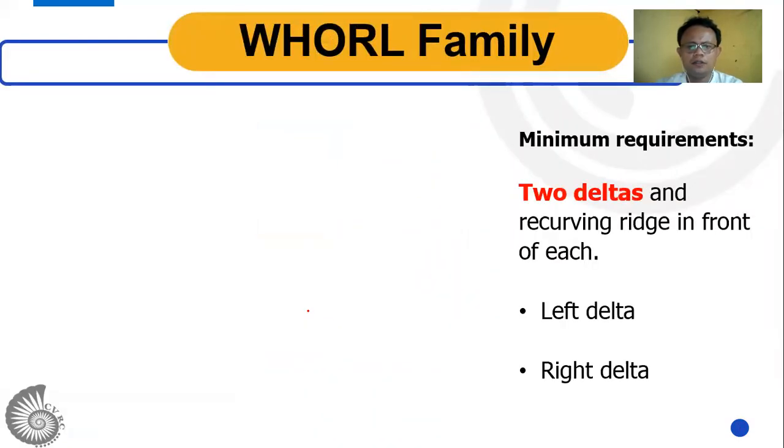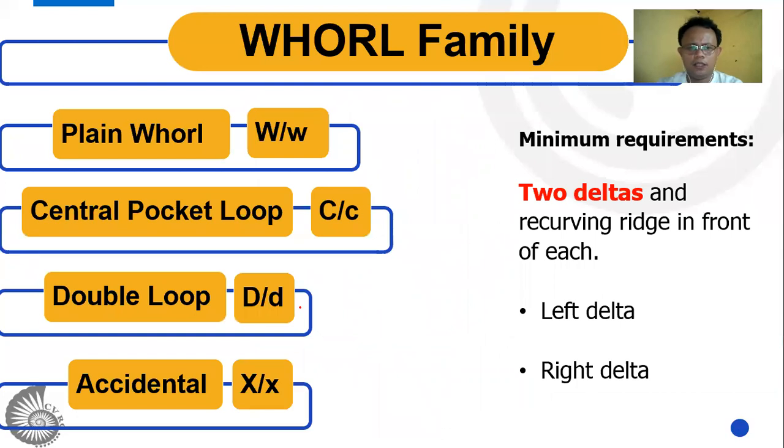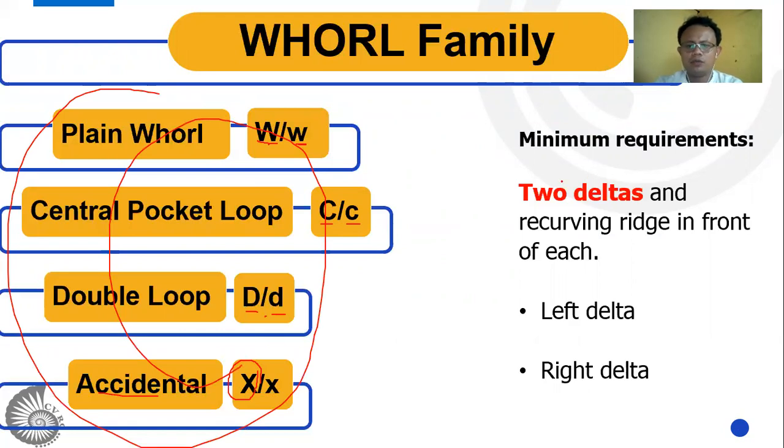For the whorl family, we have four whorls. The plain whorl, with the symbol of W or small letter w for the other fingers and capital W for the index finger; the central pocket loop, with C or small letter c; the double loop, with capital D or small letter d; and the accidental, with the symbol of X. All of them have a minimum requirement to become a whorl: it should have two deltas, a left side and a right side delta.